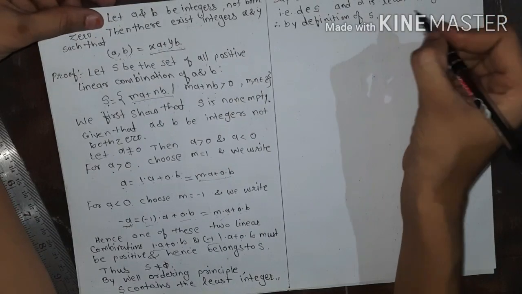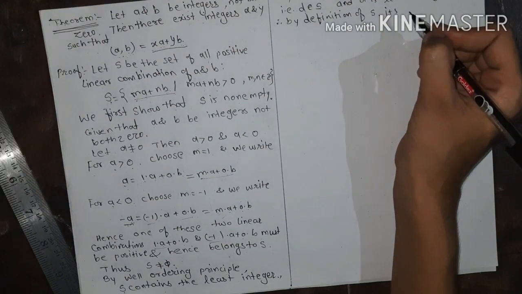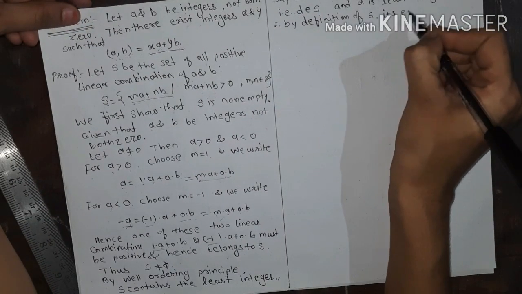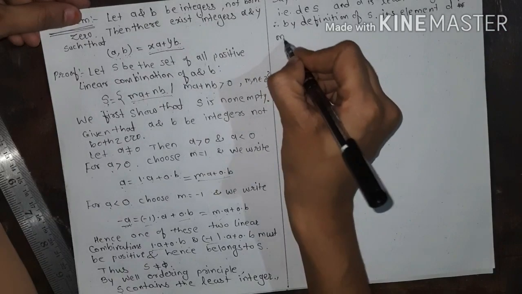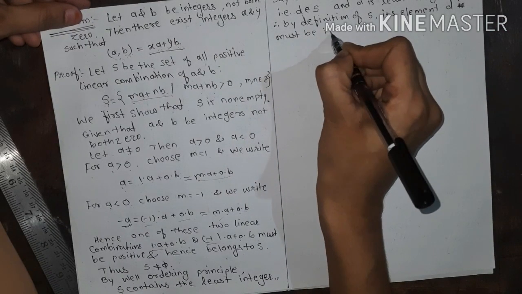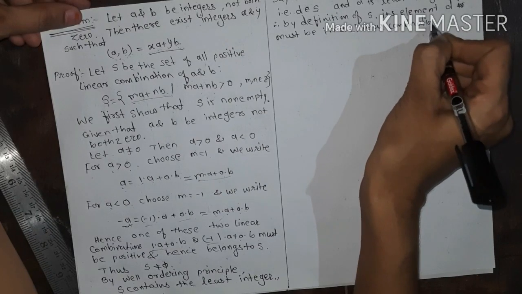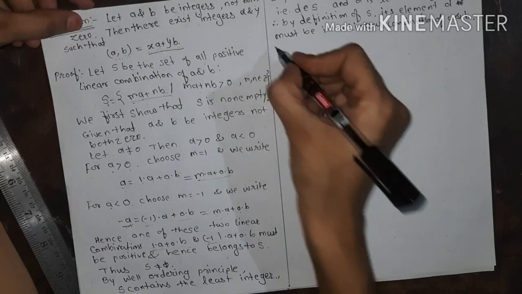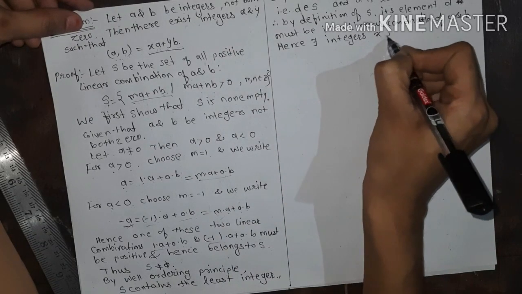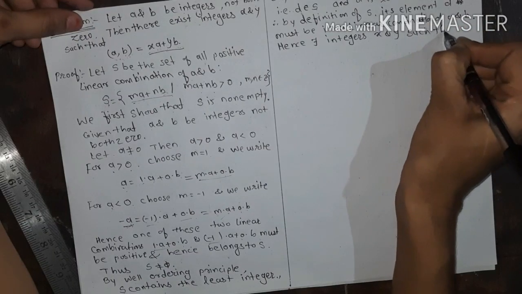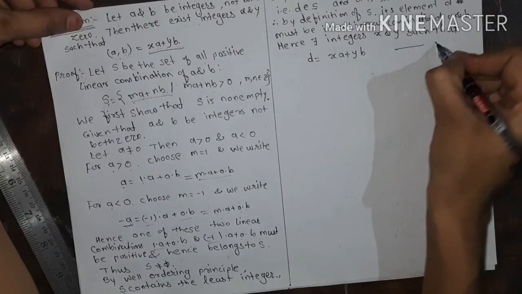So by definition of S, its element D must be a linear combination of A and B. Hence, there exist integers x and y such that D equals xA plus yB. We give this as equation 1.